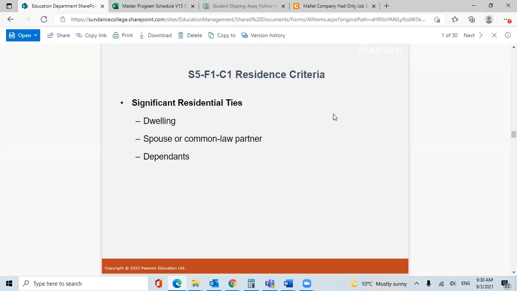Dwelling. We understand if an individual maintains a dwelling place in Canada, this can be a permanent house, rented or bought. Okay. And the only exception to this rule is if an individual who leaves Canada rents out a former place to an arm's length party.